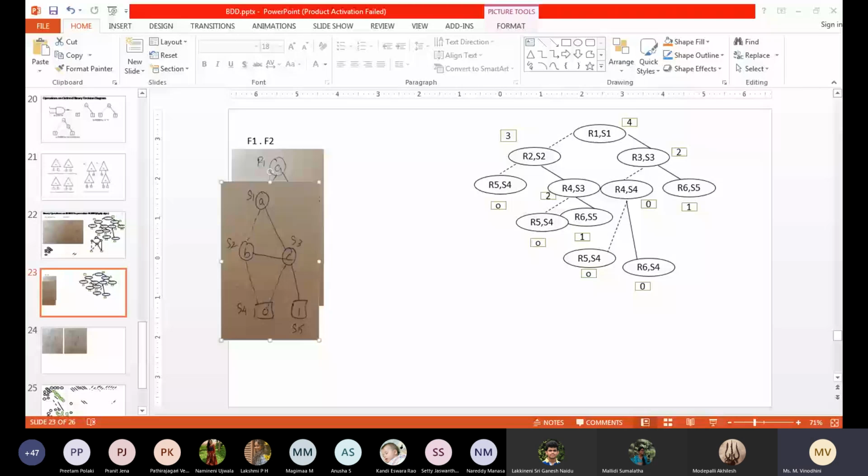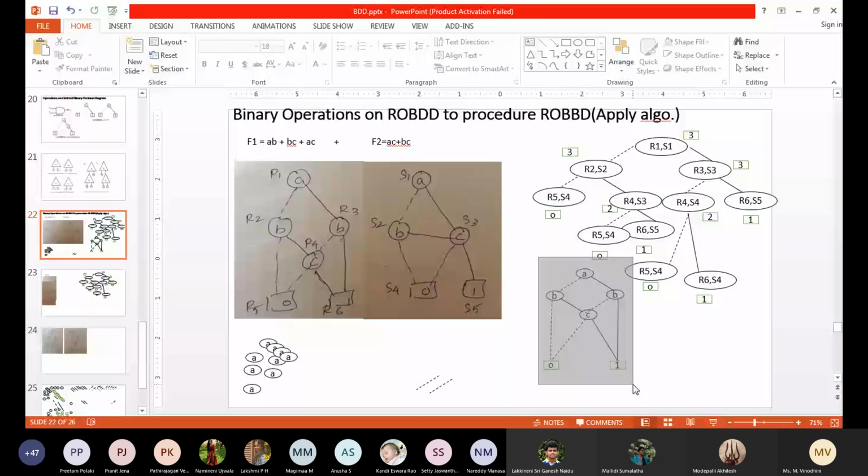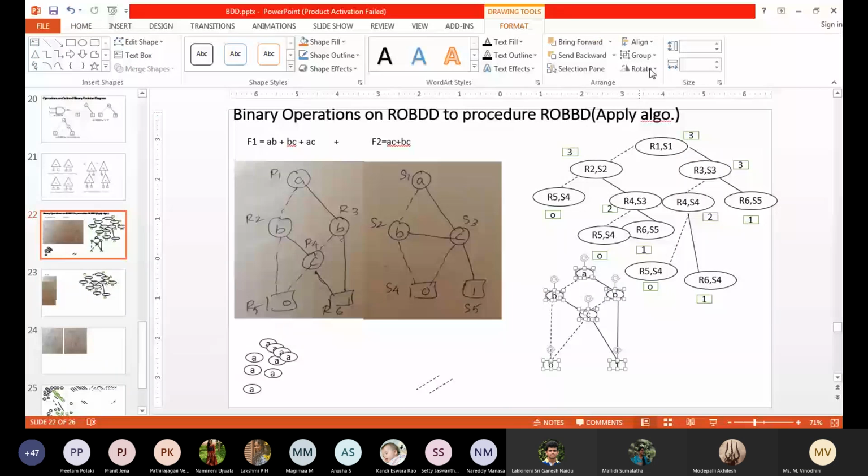Draw the diagram first. Final diagram. And show it to me. Draw the final diagram.